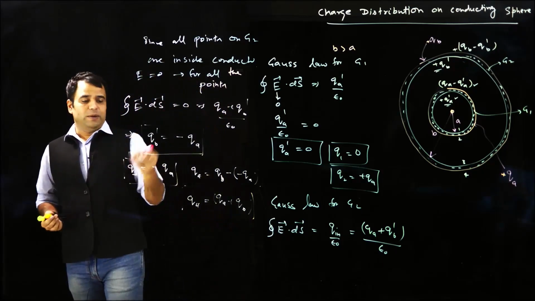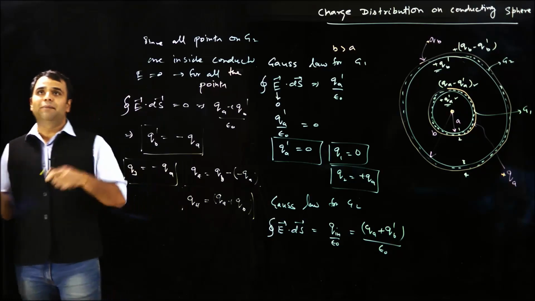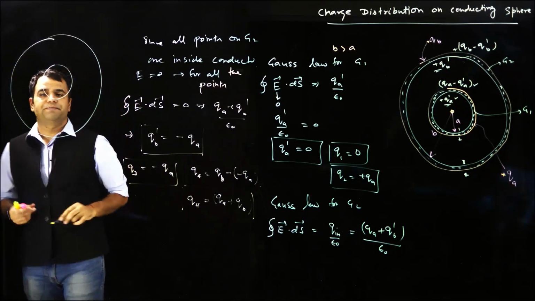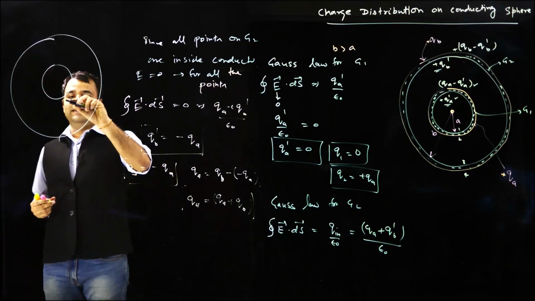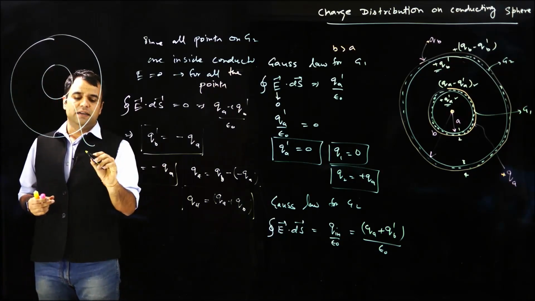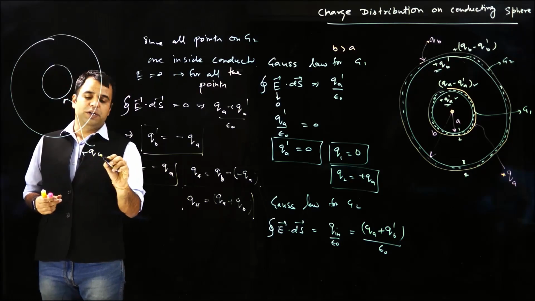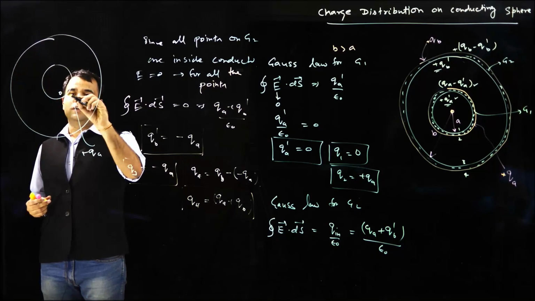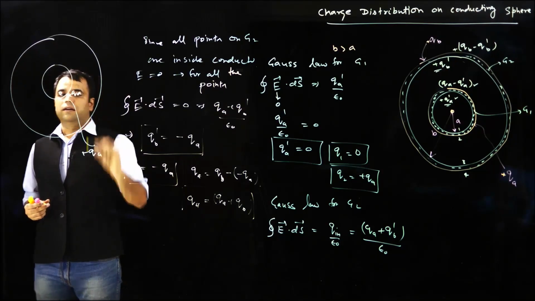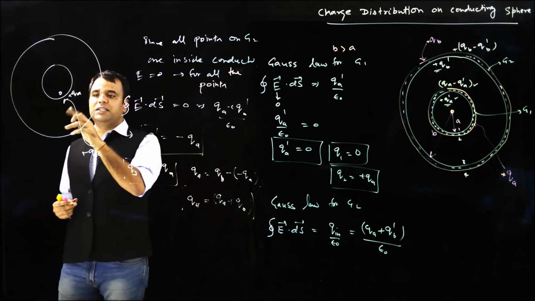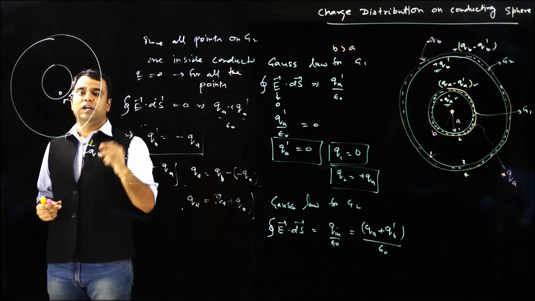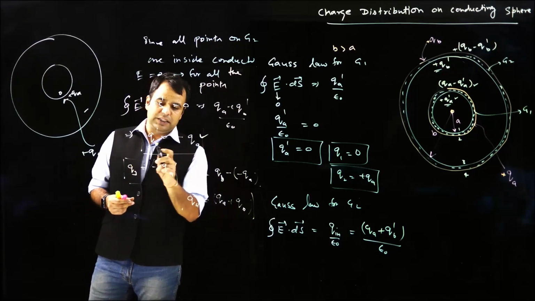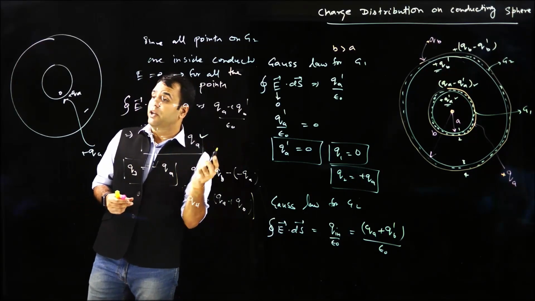Now let's draw this one more time. If I have two spherical surfaces, and I provide plus QA charge to the inside surface, then inside there will be 0 charge. All the charge will go here. Whatever the charge is here, if it is positive, the other side will be negative, because if you see the formula, the charge on the inside of the outer shell will be negative of QA.